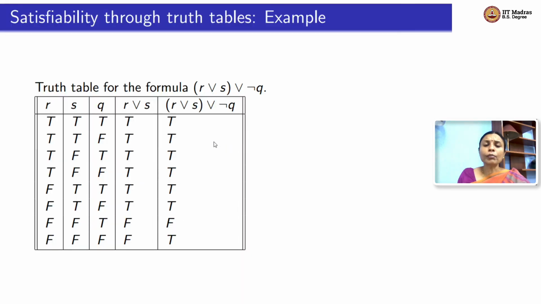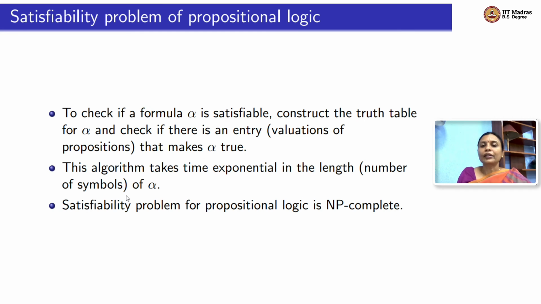So this algorithm based on truth tables is actually an expensive algorithm, because if you have 3 propositions here, you get 8 rows for the different combinations of true-false values. In general, if you have n atomic propositions, you'll get 2 power n rows. So it takes exponential time to generate the truth table, and in general it's an intractable problem.